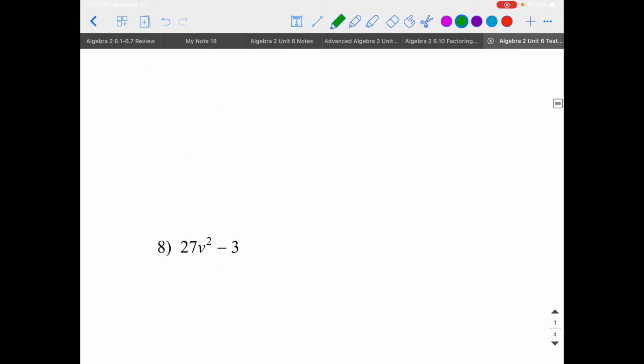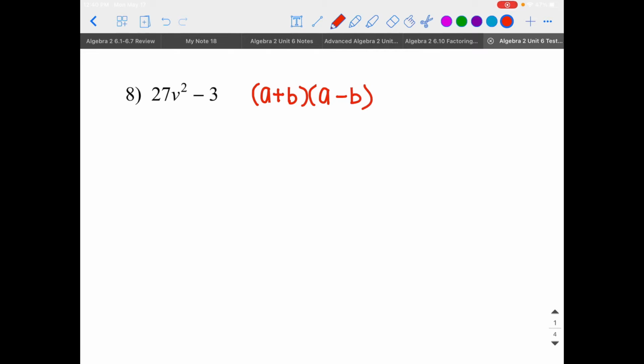Let's see, let's go down. This next section is difference of squares. So I'm going to do number 8. Now this one, to do difference of squares, reminder, your formula is a plus b, a minus b. And to find your a and b, you have to take the square root.